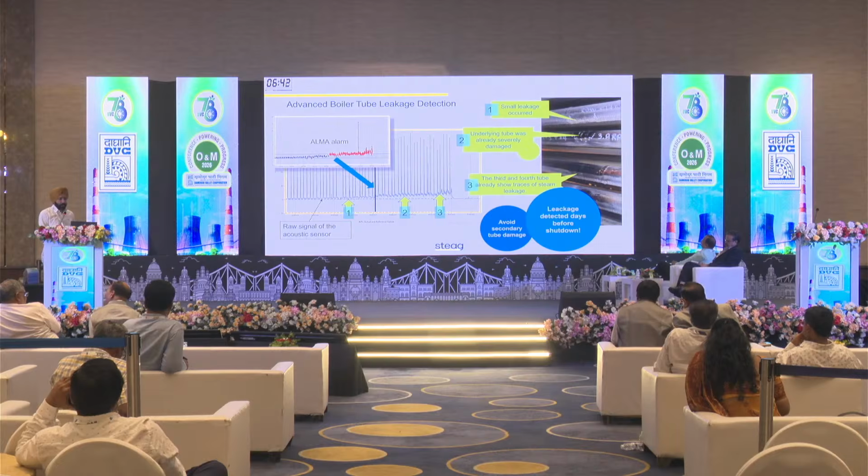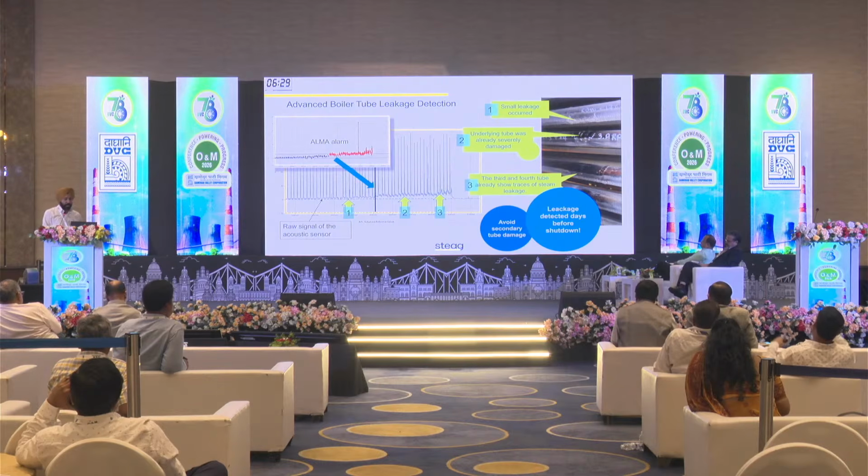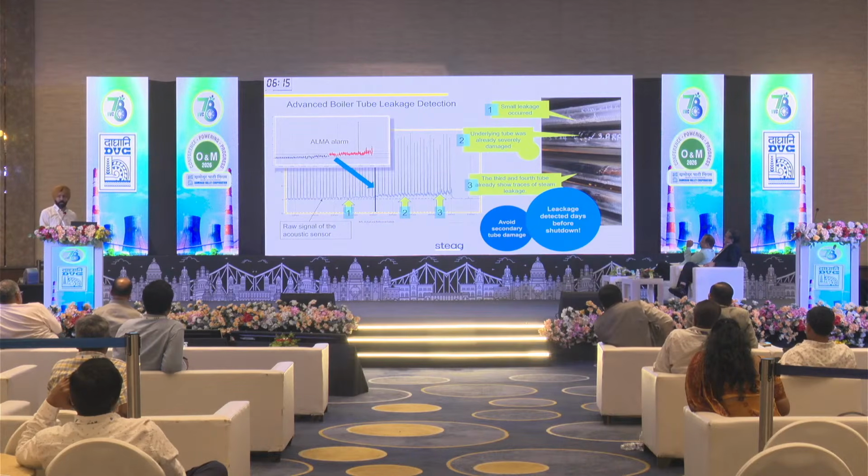And then the leakage happened in tube 1, marked as 1. And then slowly the leakages went to the underlying tube, which is marked number 2. And then afterwards, number 3 also, the third and fourth tube, the leakage starts. So ALMA has detected the leakages at an early stage, and it has given the alarm. So if the corrective actions could have been taken at that point, then the secondary leakages could have been avoided.